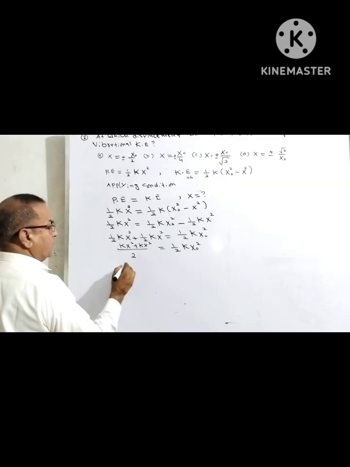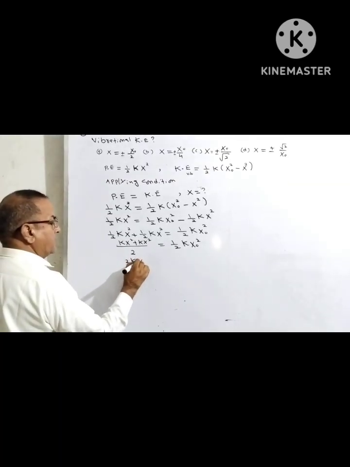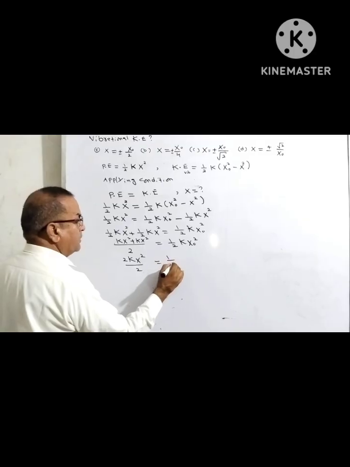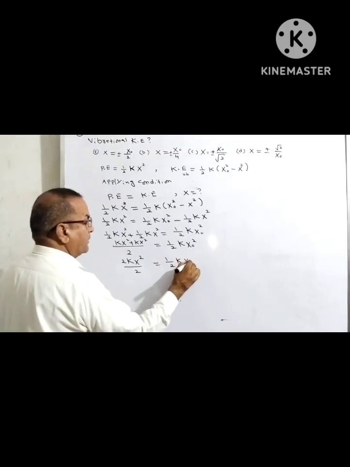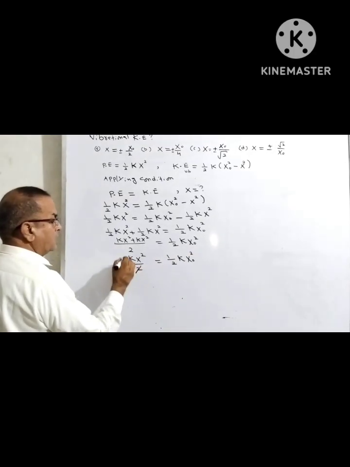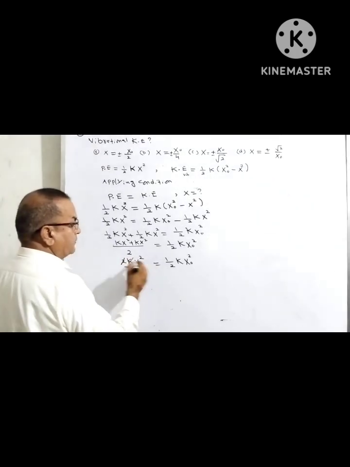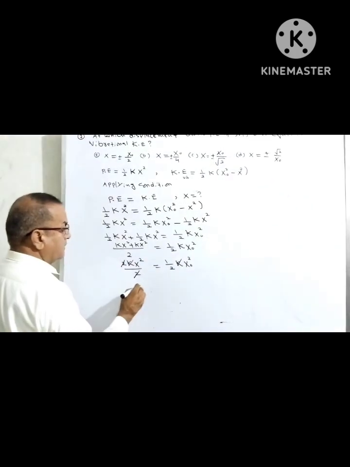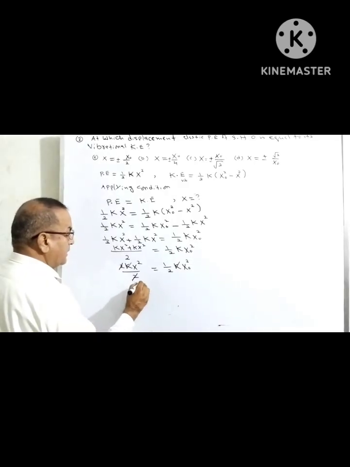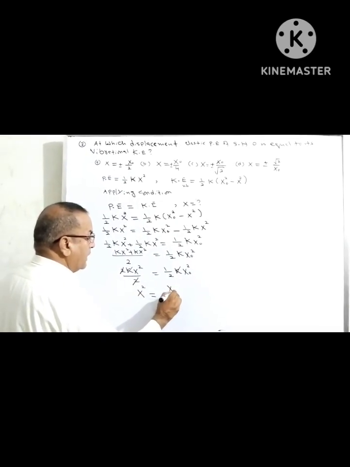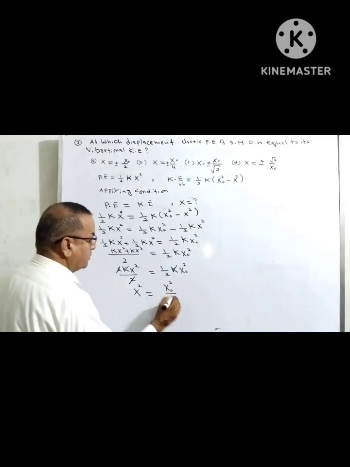The 2 gets cancelled. Now k on the left side and k on the right side get cancelled. Here we get x square is equal to x naught square by 2.